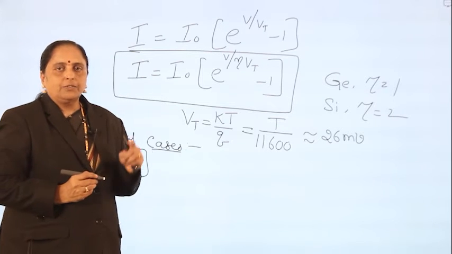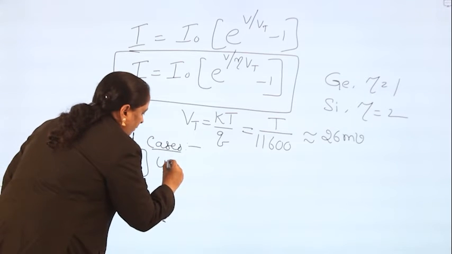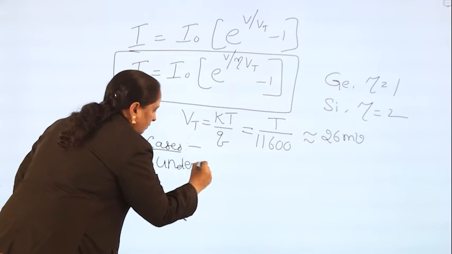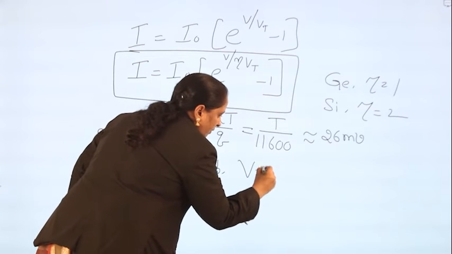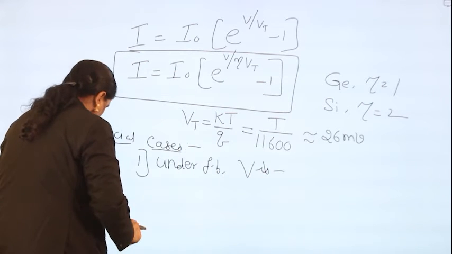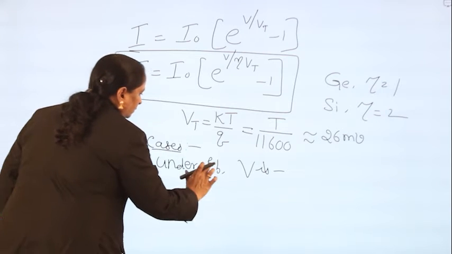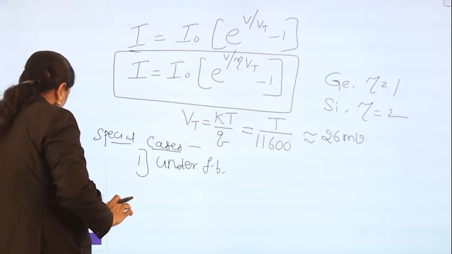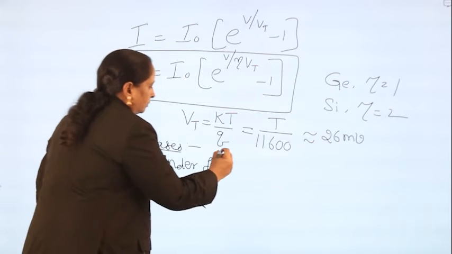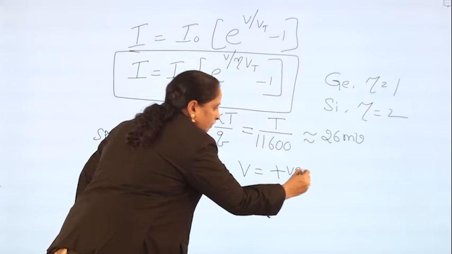First one is when the diode is forward biased. Therefore, under forward bias condition, V is positive.